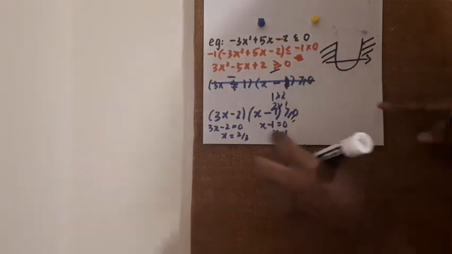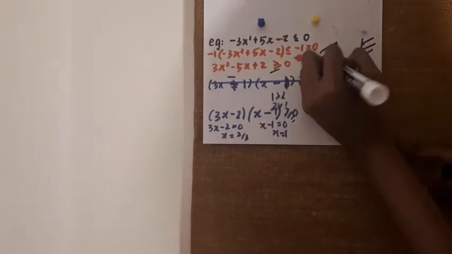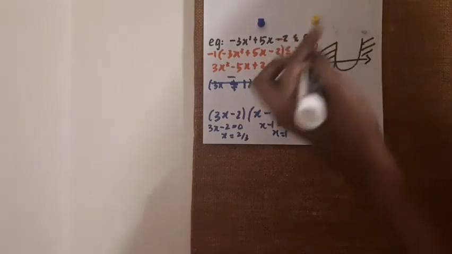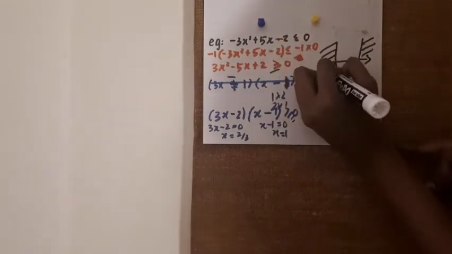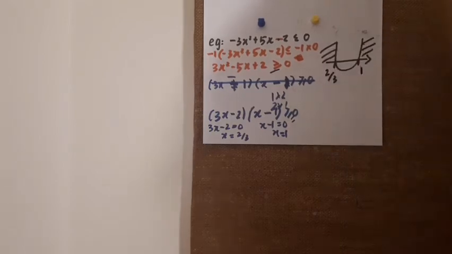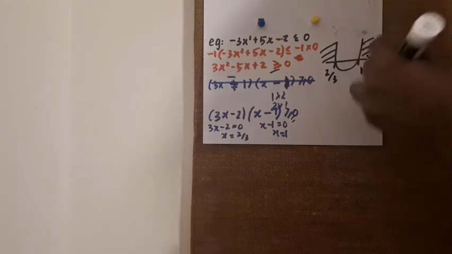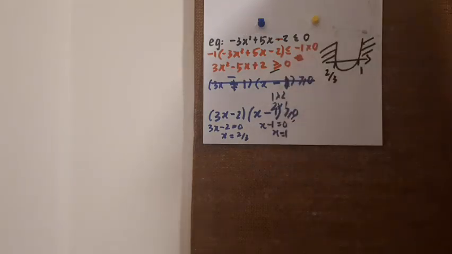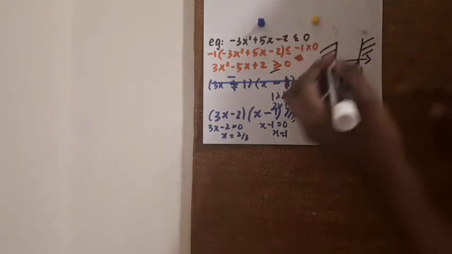Always write the smaller number on the left hand side, which is 2 over 3, and the larger number on the right hand side, which is 1. Because the soup is not contained inside the bowl, the x won't be in between the numbers, it's going to be outside.